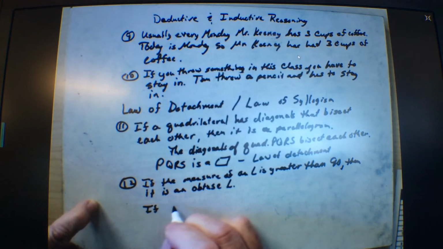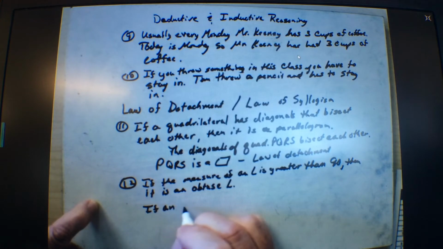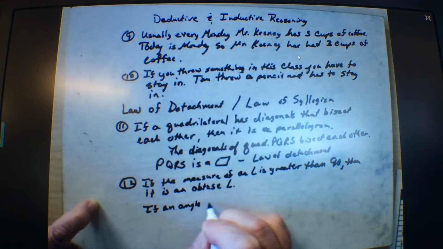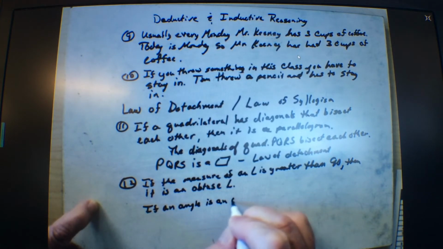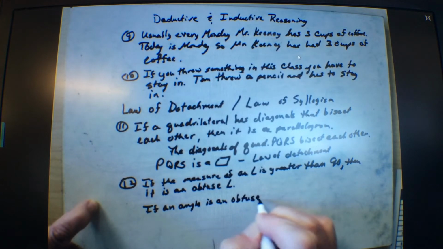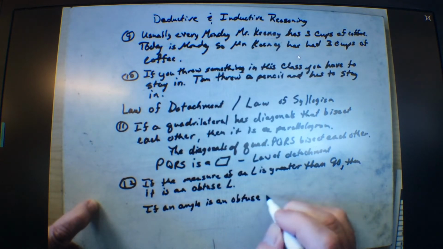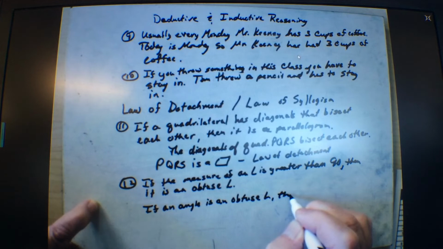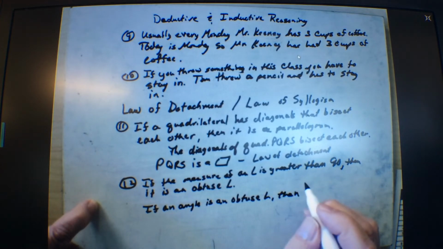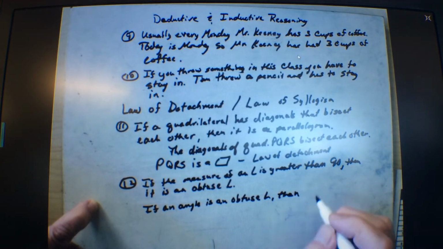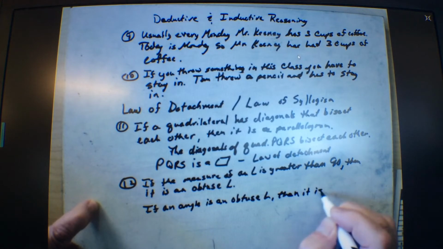If an angle is an obtuse angle, then it is not a right angle.